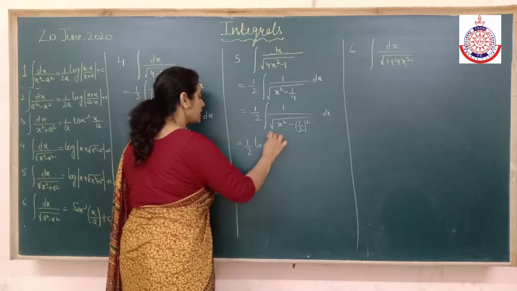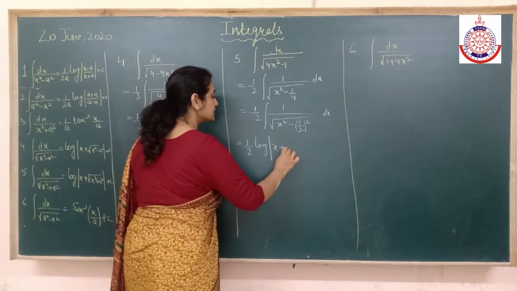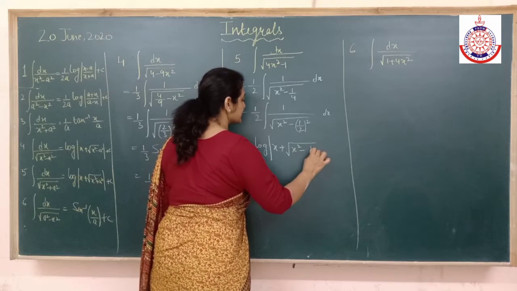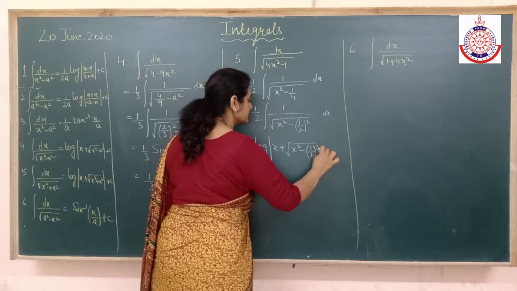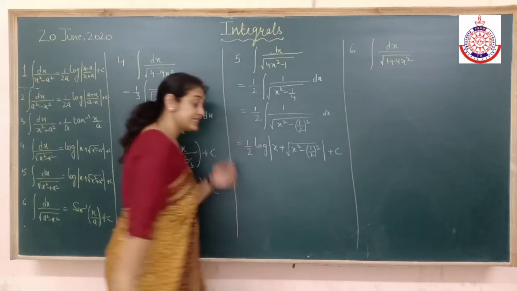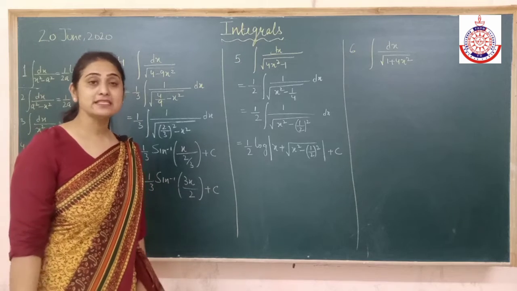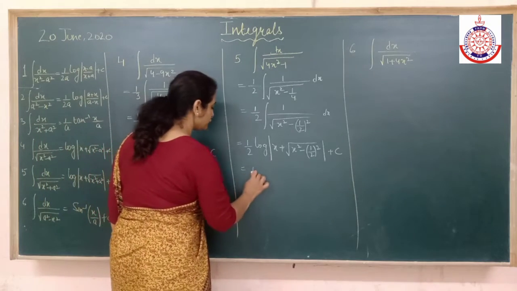Log of x plus under root x square minus a square comes as it is. Is it clear? Log of x plus under the root x square minus a square. You want to little solve it further.